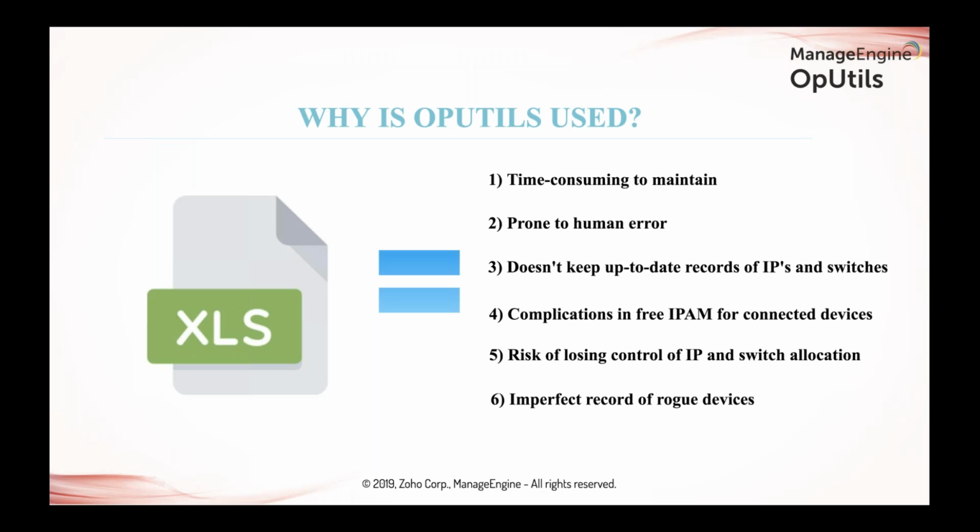It can also be prone to human error, because a human won't be able to map all the IP addresses and keep track of all the IP addresses available in their environment. The user won't be able to keep up-to-date records, and there is also a risk of losing control of IPs and switch ports.